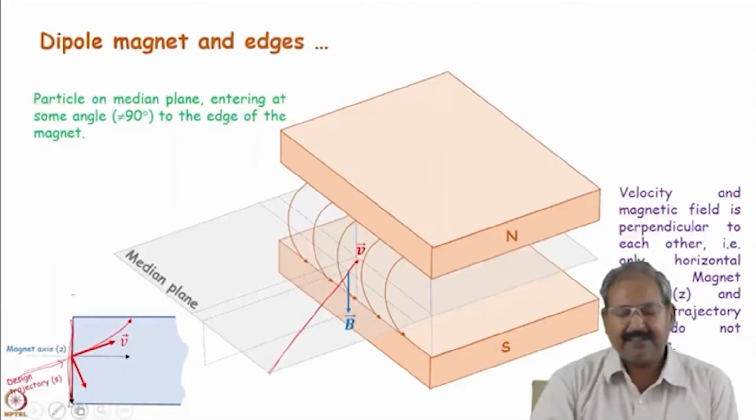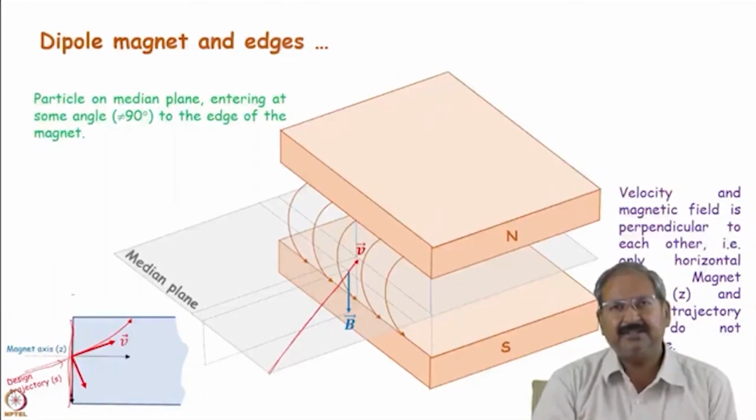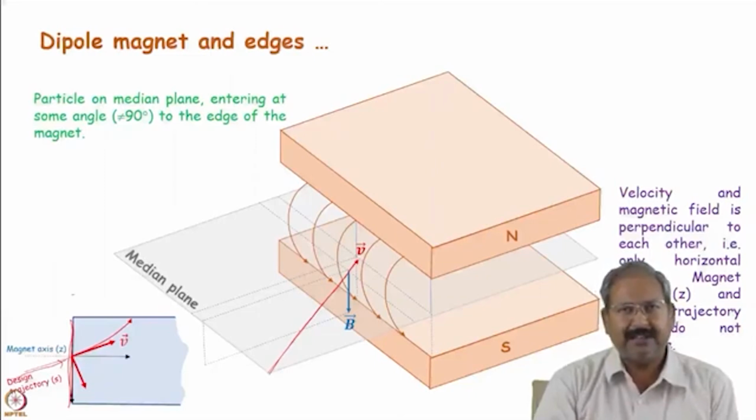Again, because the design trajectory is on the median plane, and on the median plane we have only the vertical component of the magnetic field, on the design trajectory there will be only a horizontal component of the force. So the design trajectory will not feel any vertical force.